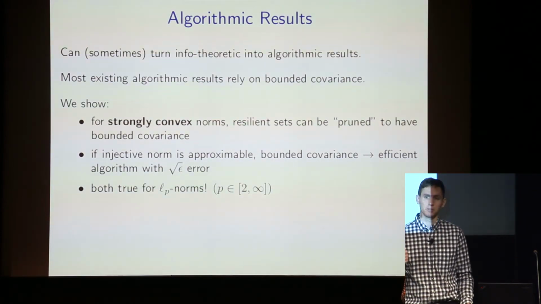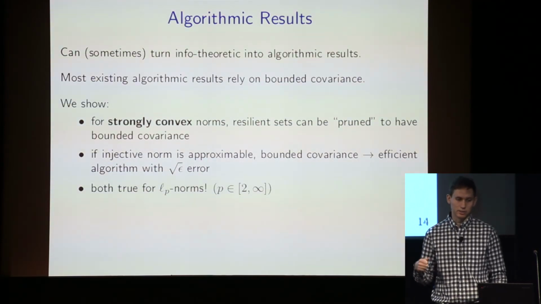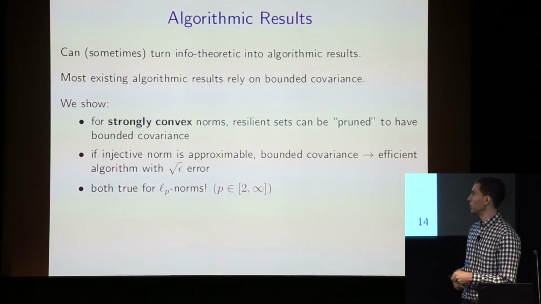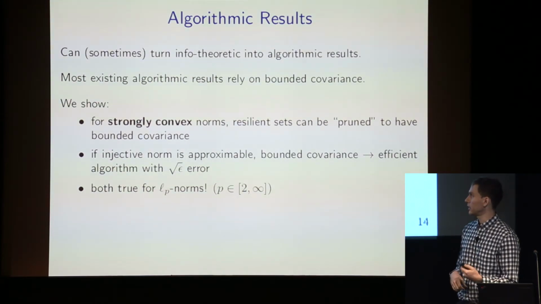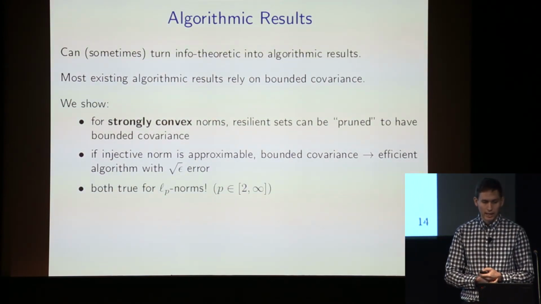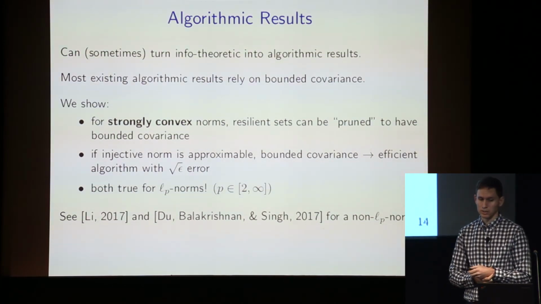So we're not going to be able to efficiently beat this root epsilon error with this algorithm, but you can at least get down to root epsilon. And the nice thing is both of these assumptions that we need are going to be true for LP norms.